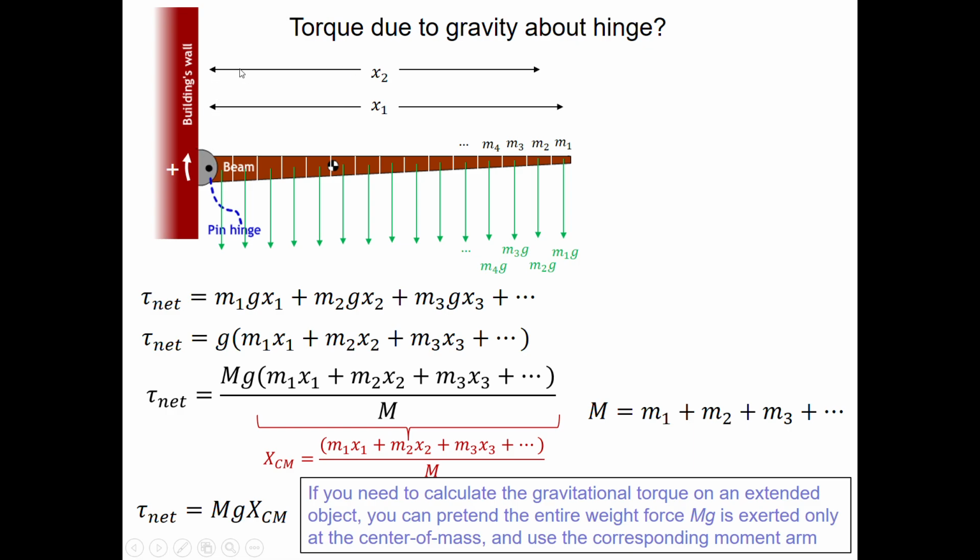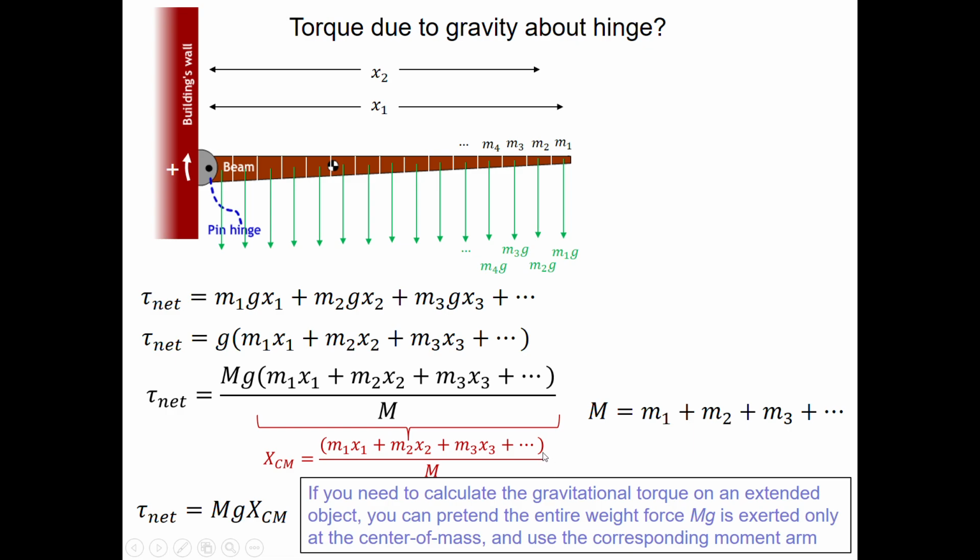Here I've labeled the moment arms for each bit of mass m1, m2, m3 as x1, x2, x3. And we have to add all those forces times moment arms up together to get the total gravitational torque about this axis.